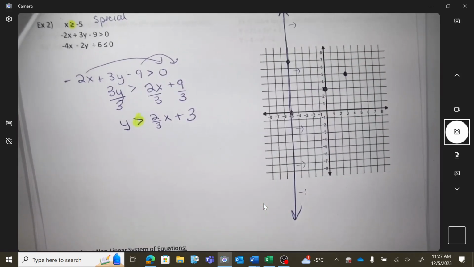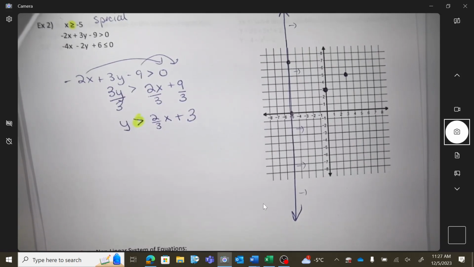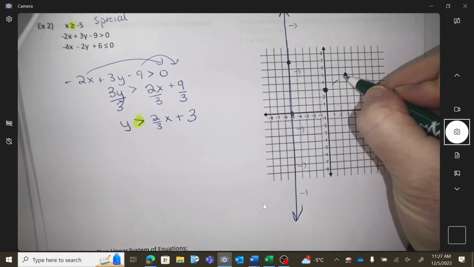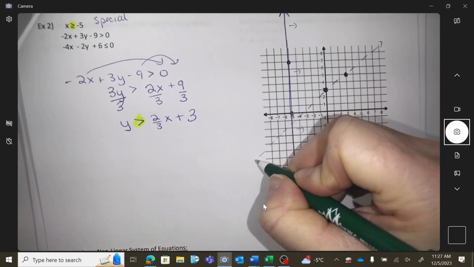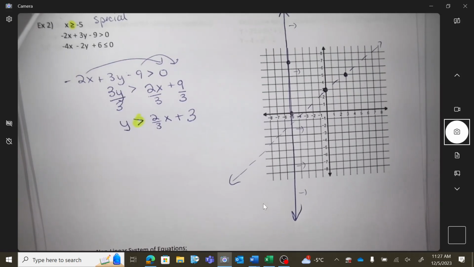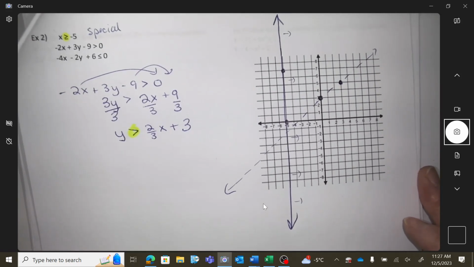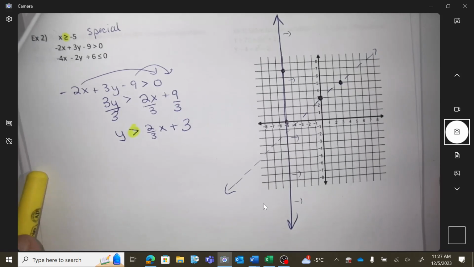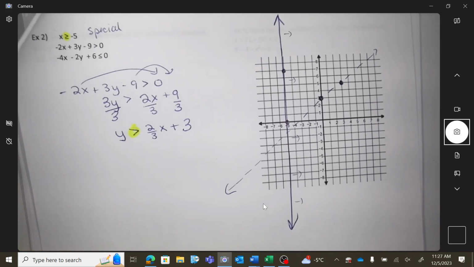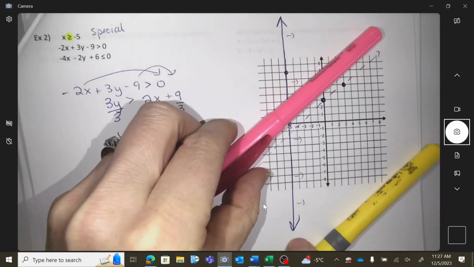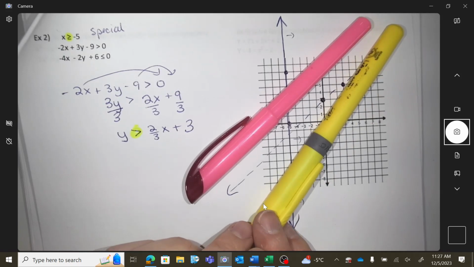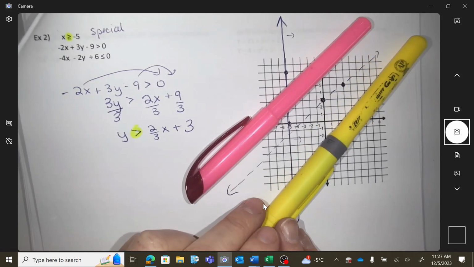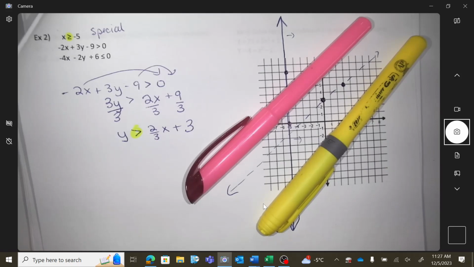This says I have to be greater than the line, but I can't be on it. I'm not allowed to be on it. So I'm going to draw a dashed line. I'm not allowed to be on it, but I can get close to it, but not on it. And which side of that line, the pink or the yellow side, is going to be a greater direction on the line?